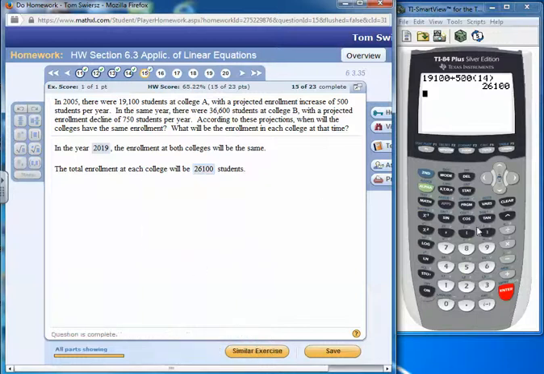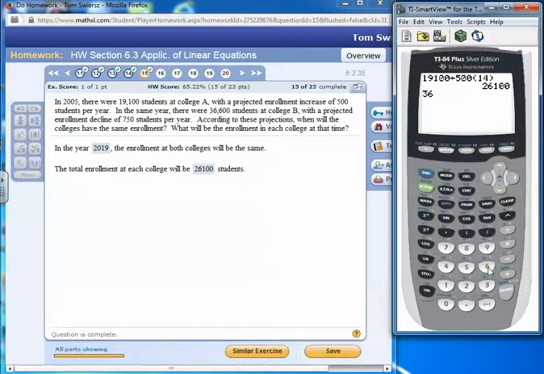Okay, and we could have done it for College B too. College B was what? 36,600 minus 750 times the number of years, again 14, and there's our same correct answer, 26,100. All right, very good.